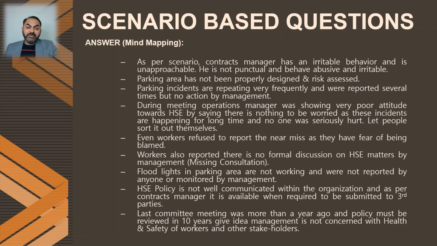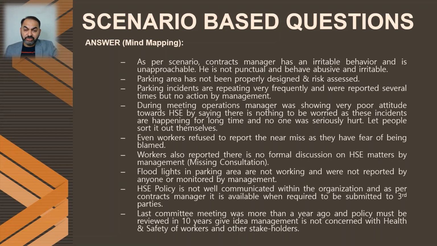So looking at these points, guys, look at the first point here. As per the scenario, the contracts manager has an irritable behavior and is unapproachable. He's not even punctual, and he's using abusive language and all that. This point clearly shows that management has a very poor attitude toward health and safety, and this guy belongs to the management group.